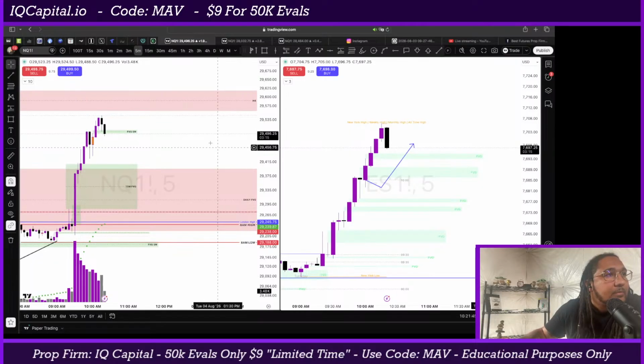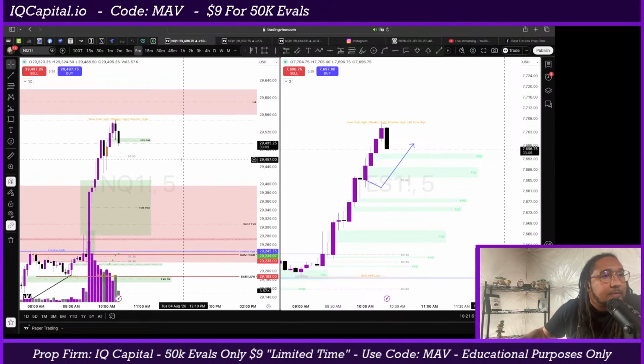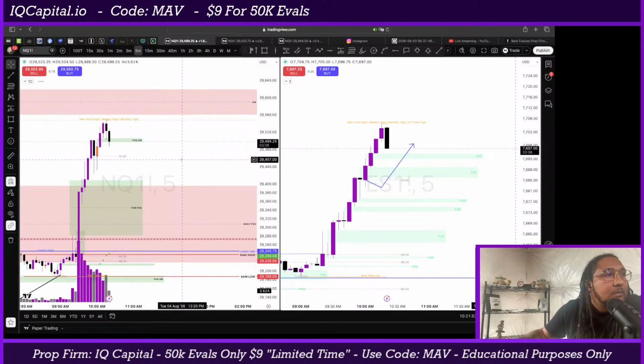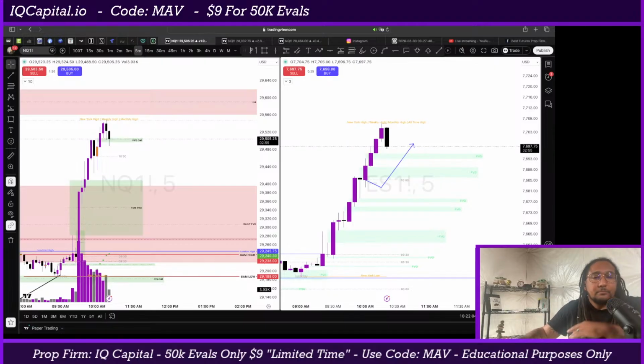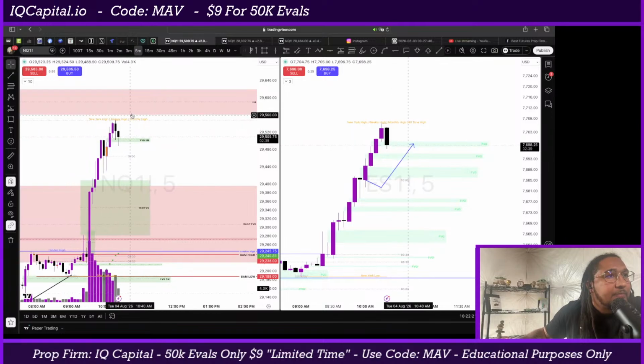Let's see, we've got about 3 minutes left on this 5-minute candle. See if we inverse this 5-minute. So if we inverse this 5-minute, we didn't tap into this 4-hour bearish fair value gap here.